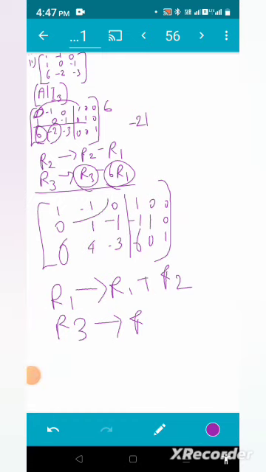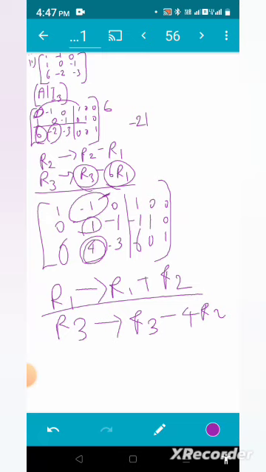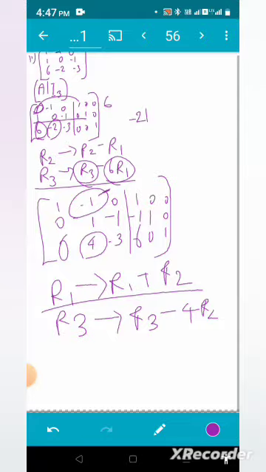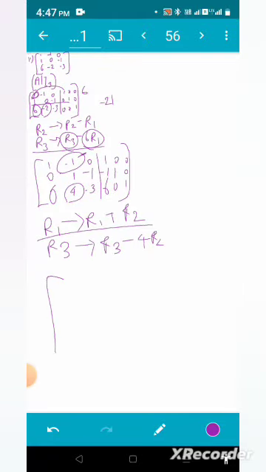I want to create 0 here and 0 here. For R1, R1 plus R2 creates a 0 here. And similarly, R3 gives R3 plus minus 4R2, because 4 minus 4 is 0. So we choose minus 4R2.